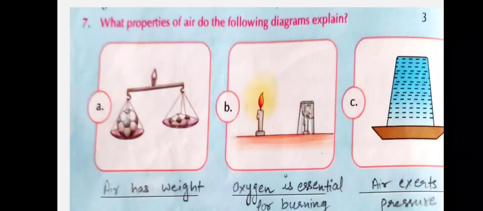In the first picture, in a balance, two footballs are kept. One is filled with air and the other one is without air. We see it is tilted towards the football which is filled with air. It is showing the property that air has weight.